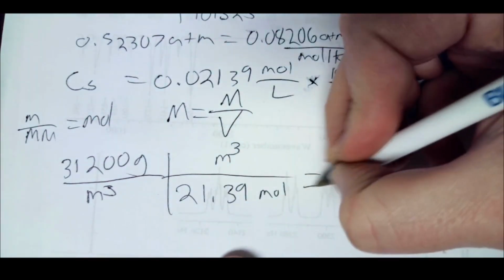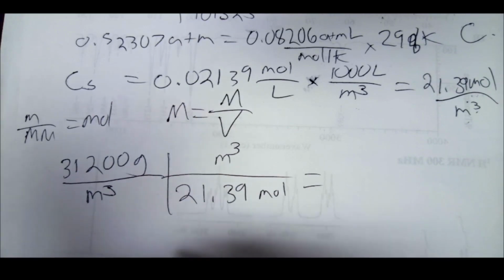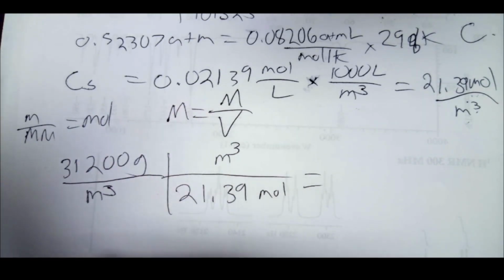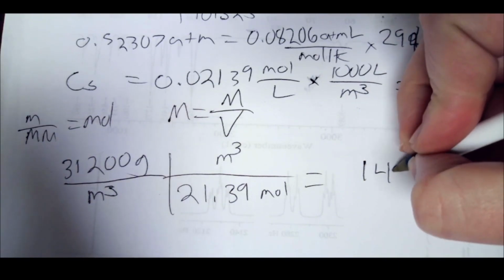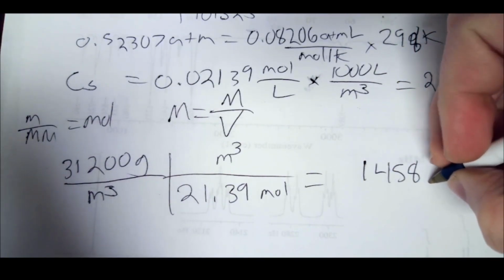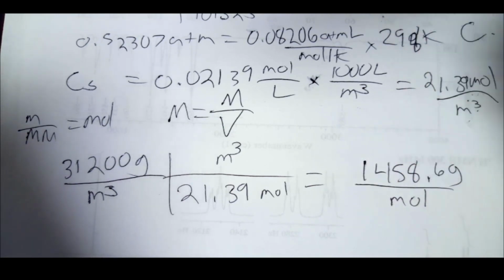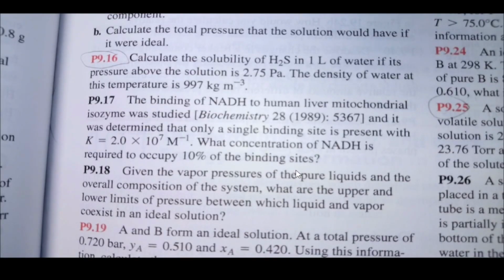We don't actually need the density of the solution because we're not trying to calculate molality. If we were trying to calculate molality, maybe, but we don't need that in this case. With that in mind, you get something like 1458.6 grams per mole. Something like that.